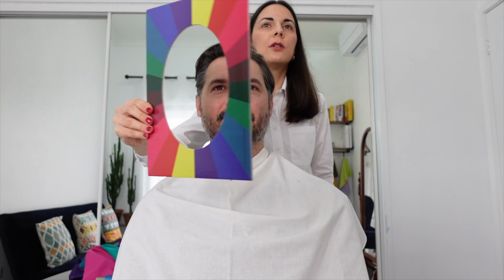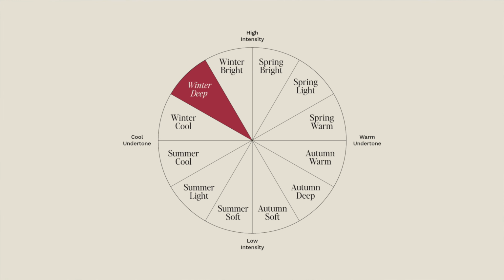So very, very good start with Winter Bright. We analyzed colors from Winter Deep, with the darkest colors of the palette. And even these ones don't look too dark on you, okay, which is sometimes the risk, especially with black. Which I always wear. And you wear it very well.